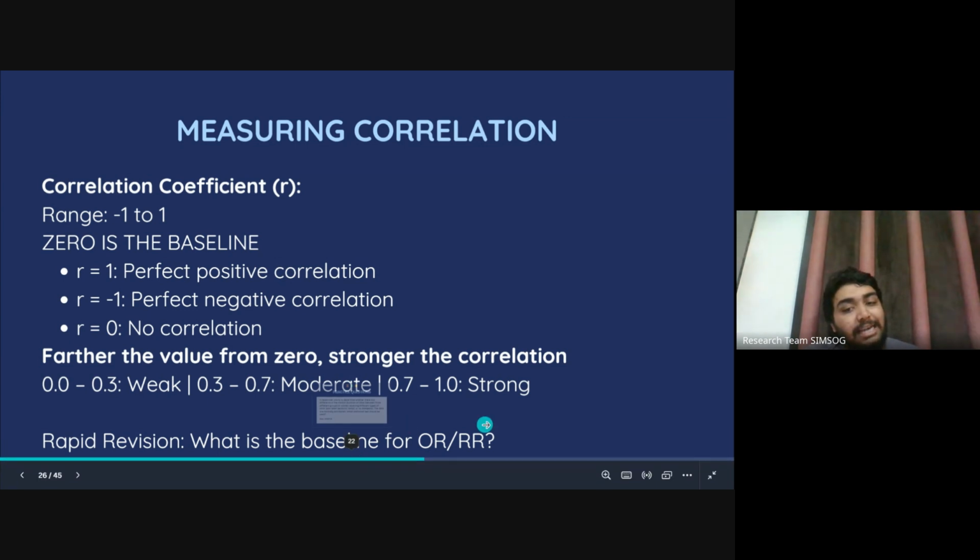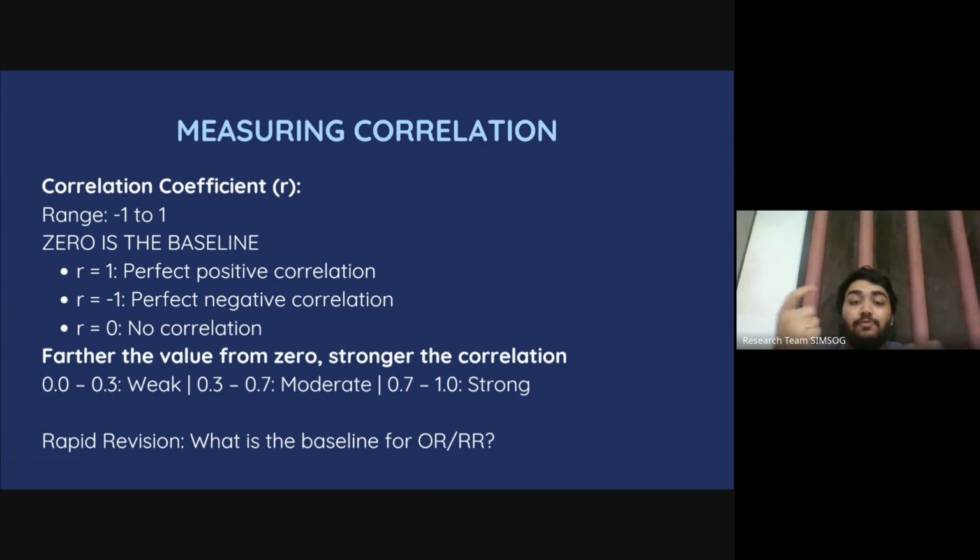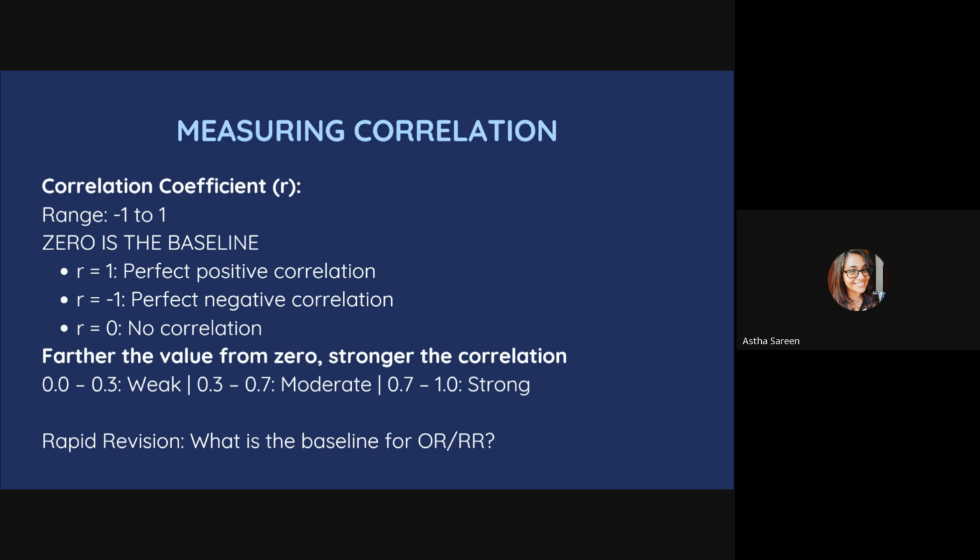But as a small revision, what is the baseline for odds ratio and relative risk? Here I told you 0 is the baseline. What about odds ratio and relative risk? That is, nothing specific, there is no difference. Anybody? One.